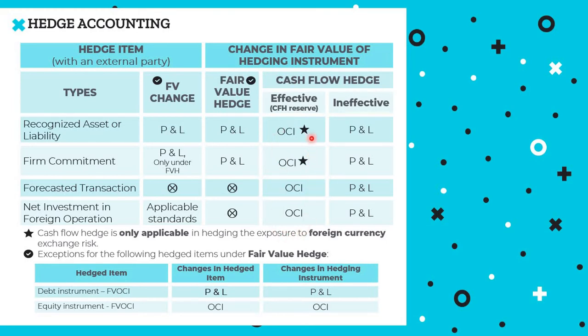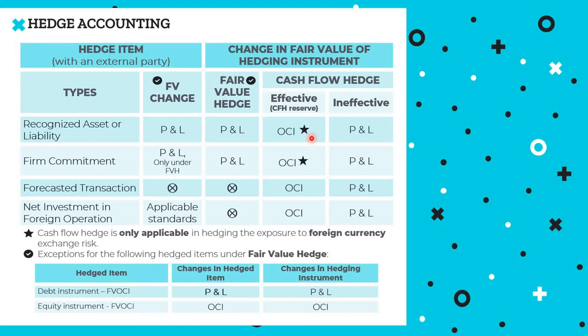Kasi, for us to separate the effective and ineffective portion of the change in the value of the derivative, mahaba-habang discussion yon kasi minsan meron pang dapat i-discuss about hypothetical derivative which is masyado nang technical. Siyempre, dito lang muna tayo sa basic. Again, our assumption is that all changes in the value of our derivative instrument is considered as effective. Kaya, i-record natin lahat yon mamaya sa OCI.